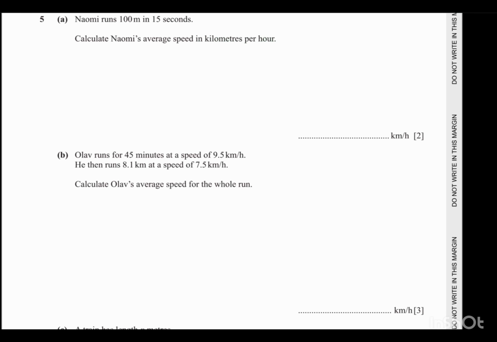So speed is equal to distance by time, but distance is in meters, so you have to divide the distance by 1000 to make it kilometers, and then the denominator is in seconds, so you have to divide that by 60 by 60 to change it into hours, that is seconds, minutes, and hours.